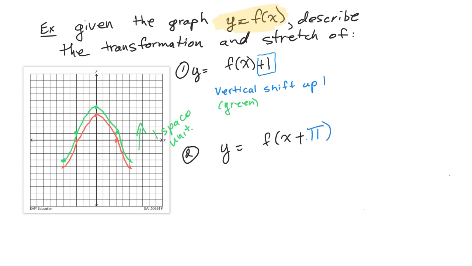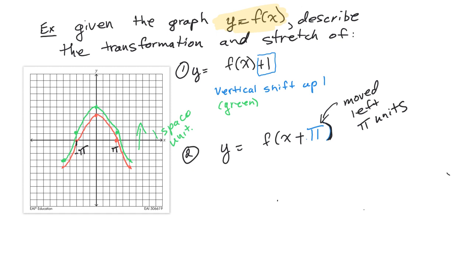Now, the rule is if you have x plus pi inside a bracket, what that means is that this thing has moved left pi units. Now, if I'm looking at my graph here, if this is pi, and this part here is negative pi, then all we've done is we've taken all of these points and moved them exactly 1, 2, 3 spots to the left.